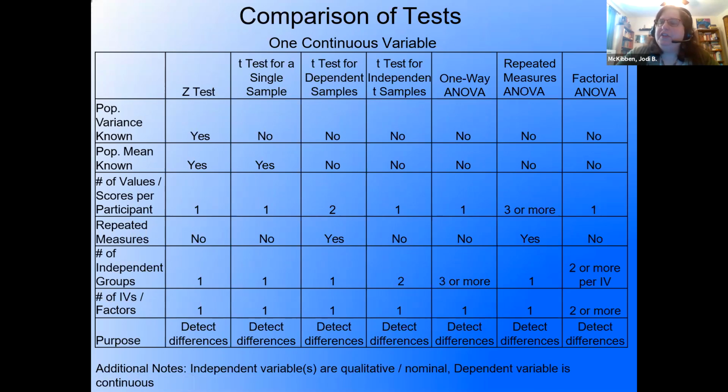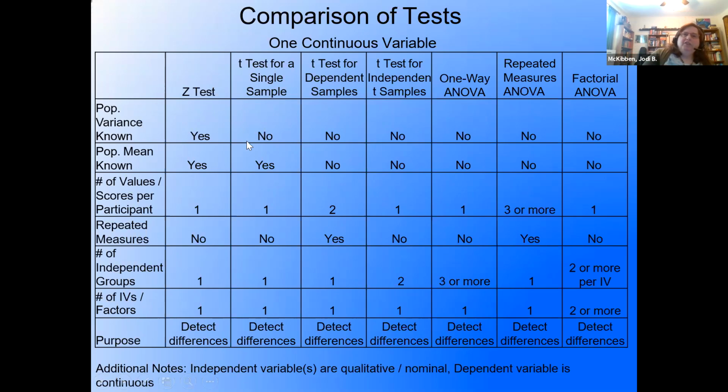So some form of population variability will be known if it's a z-test. Immediately, if you see that you know a sigma, you've got a z-test.